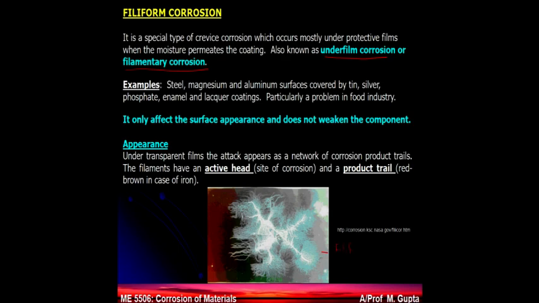It's a very specialized type of crevice, because if the coating is not made properly, between the coating and the metal surface you have a gap. This gap again leads to a difference in the oxygen concentration, and the corrosion proceeds just along the coating and metal interface and forms filaments like that.